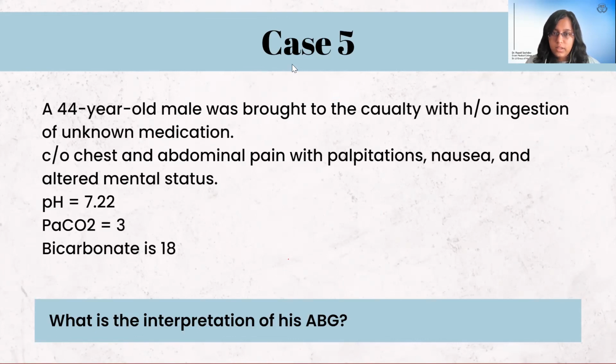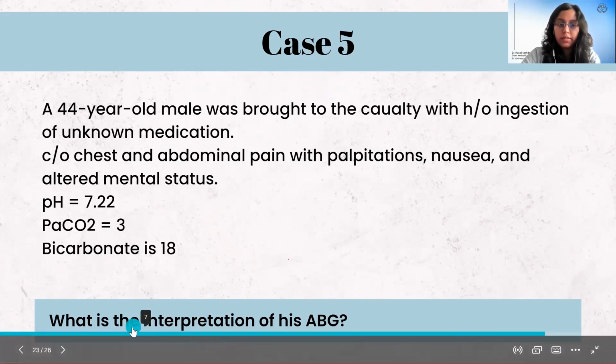Okay. Priya says metabolic acidosis. Is there any compensation? Why did you say respiratory compensation? Where is it compensating? With partial respiratory compensation. Ma'am, the partial pressure of CO2 is low. Okay.